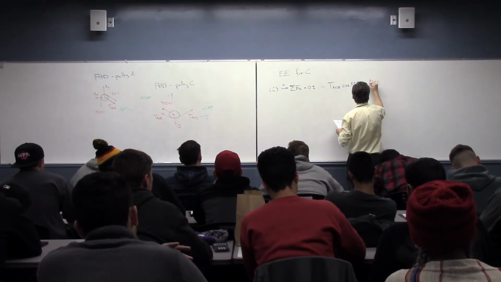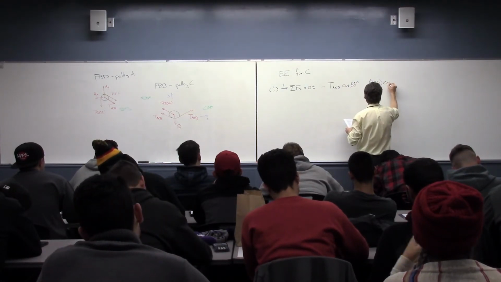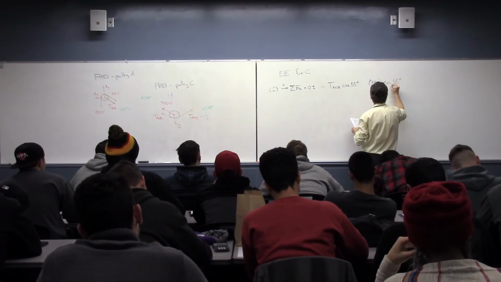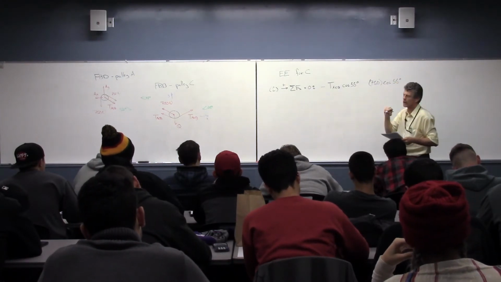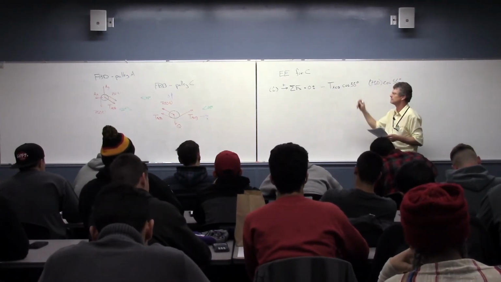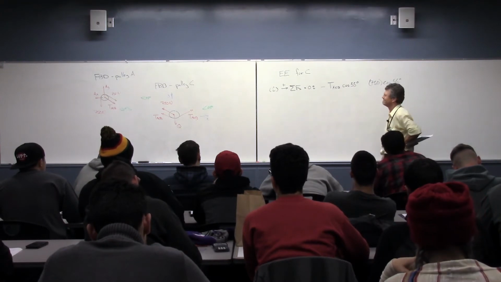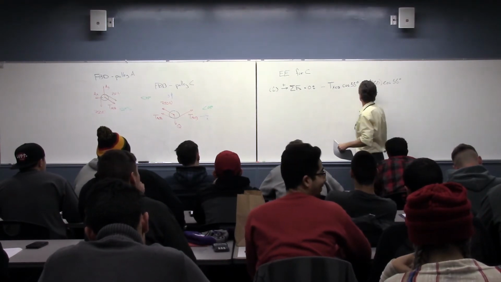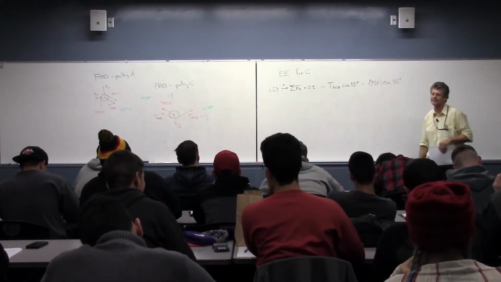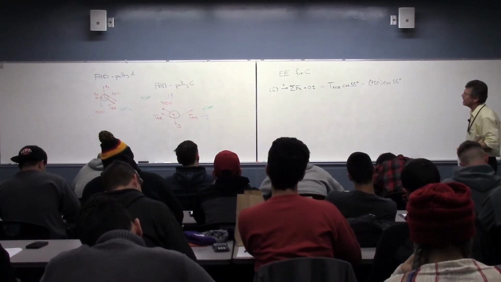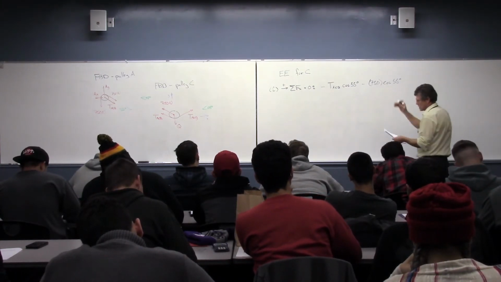The other one I have is 750, also at that same angle. Positive or negative? Just kidding, I'll throw you. Opposite sense. So it's going to be going in that direction there.